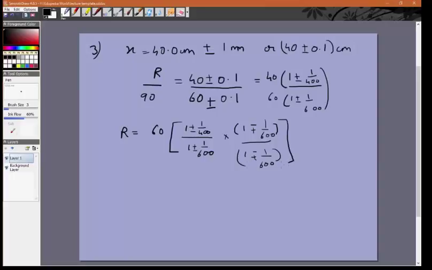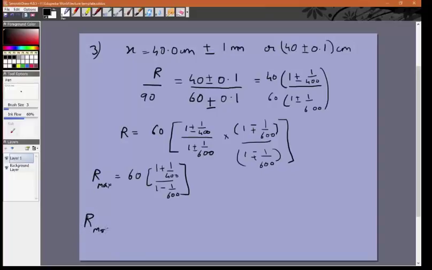Before that, I'll just tell you what we are trying to do right now. The actual answer is 60 into this. So R max is 60 times 1 plus 1 by 400 by 1 minus 1 by 600. That is the maximum value, because the numerator will be maximum and the denominator will be minimum.